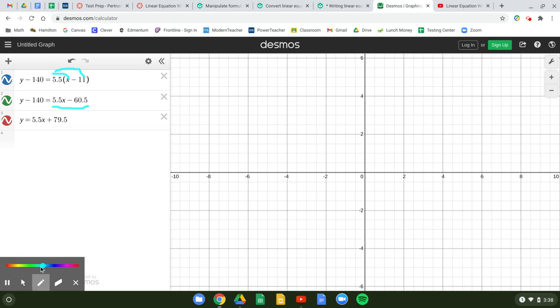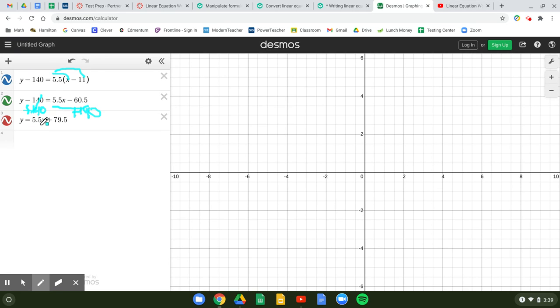And again, I got that by just adding 140. And since this doesn't have an x, that's why I added it over here, not over here.